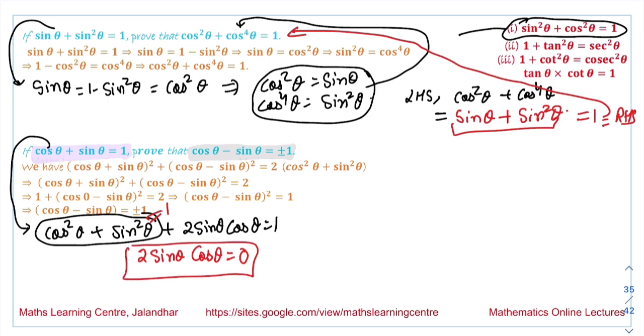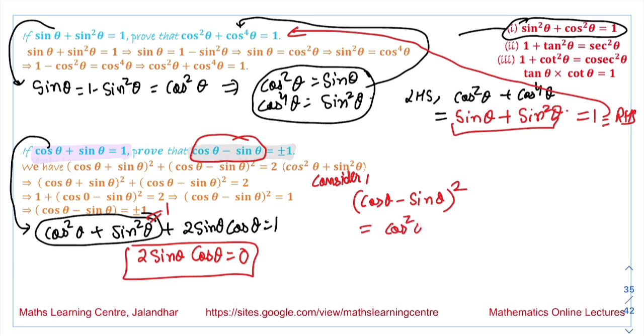Now we want to find the value of cos theta minus sine theta. So we are writing cos theta minus sine theta square. We are calculating the value of this term. Consider this, and this value will be equal to cos square theta plus sine square theta minus 2 sine theta cos theta.